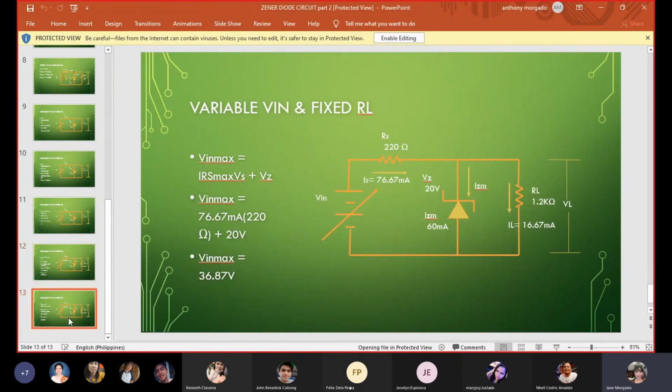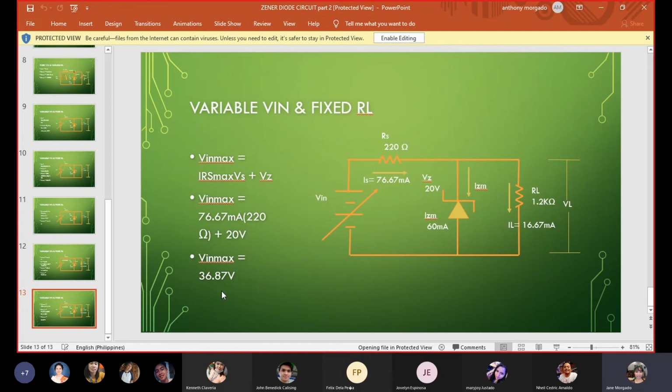Ayan. So, Vin max is equal to, so, summation voltage here. So, we can have a loop here. Vin minus Vs minus Vz is equal to 0. So, therefore, Vin max equal to Vs plus Vz, with IRS max equal to 76.67 times 220 ohms plus 20 volts.